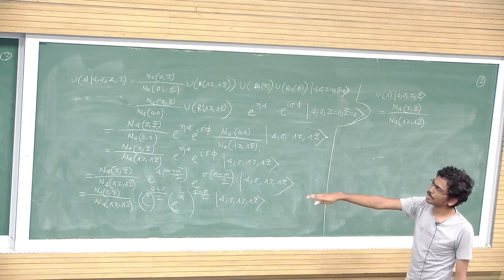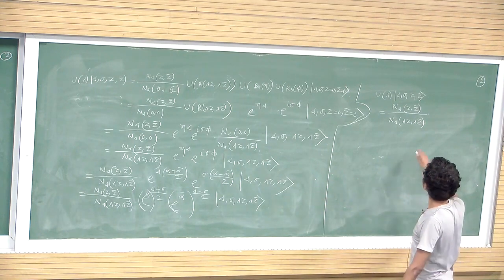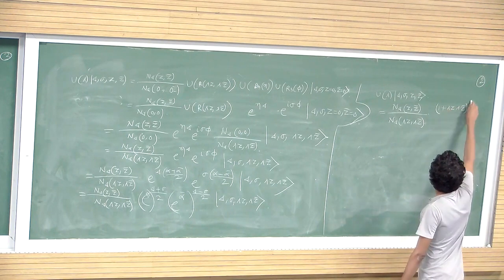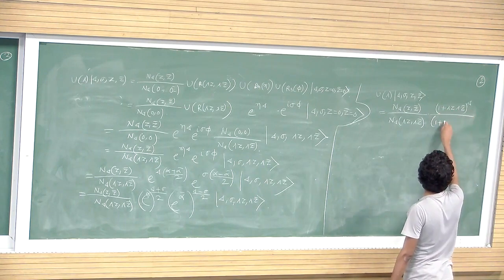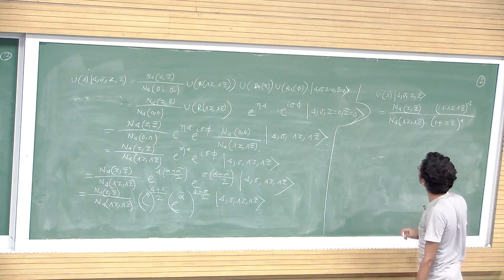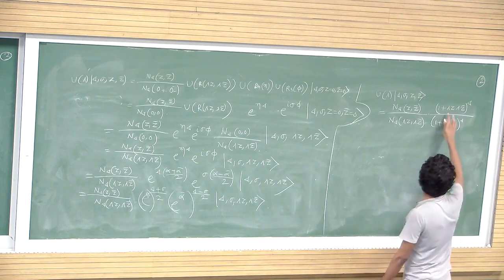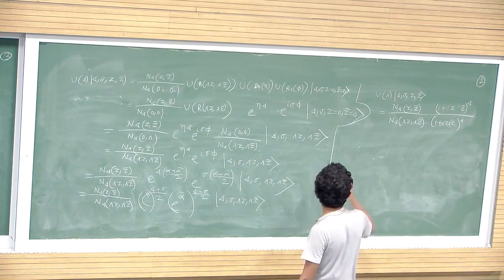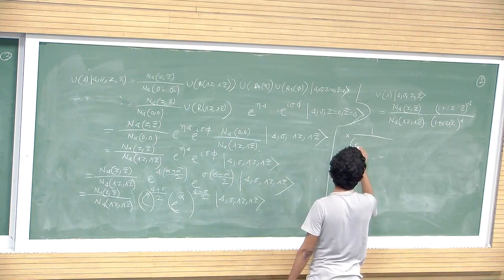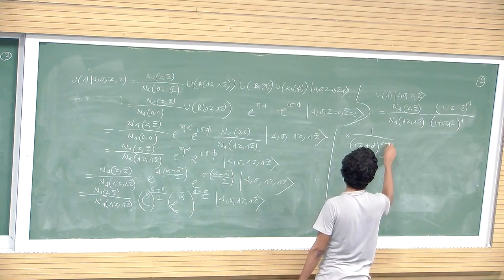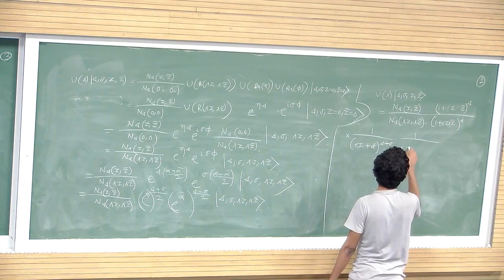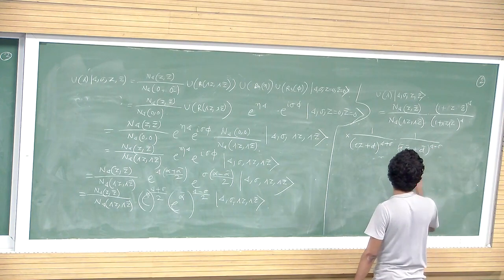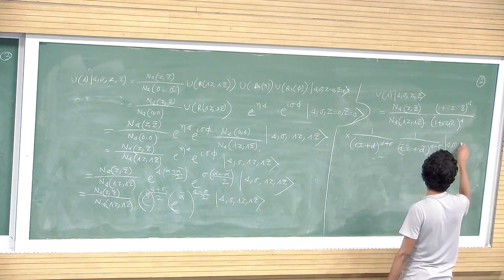If you substitute for this e to the power alpha from that equation, what you will get is 1 plus lambda z bar to the power delta by 1 plus z z bar to the power delta, 1 plus z z bar to the power delta, 1 plus lambda z bar to the power delta, and then 1 over Cz plus d to the delta plus sigma, 1 over C bar z bar plus d bar to the delta minus sigma, and then this state delta sigma lambda z bar.